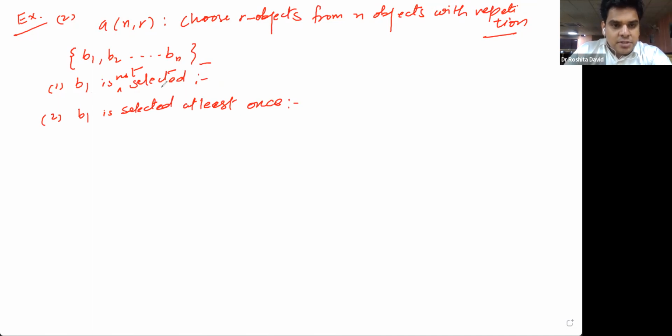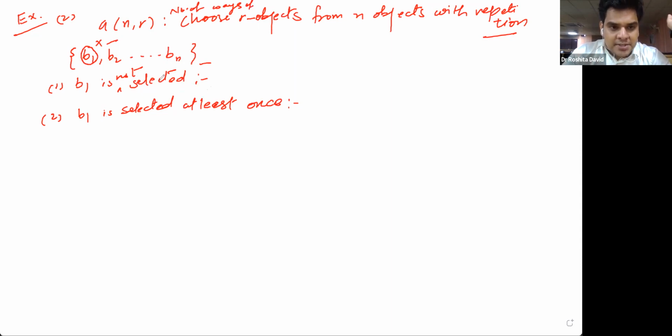If b1 is not selected, that is, I am removing b1 from here, I am selecting r objects from n minus 1 objects now. a_{n,r} is representing the number of ways of choosing r objects from n objects.